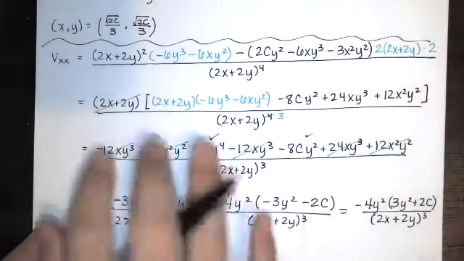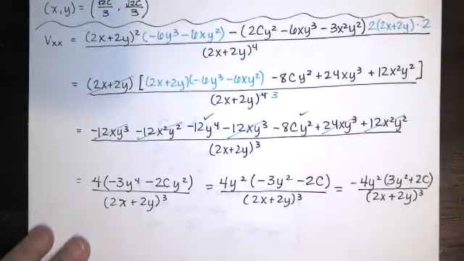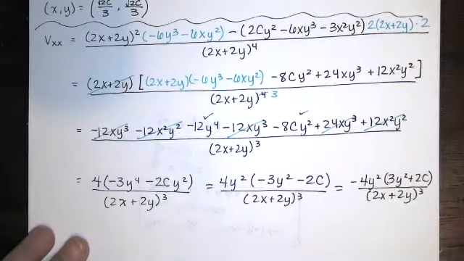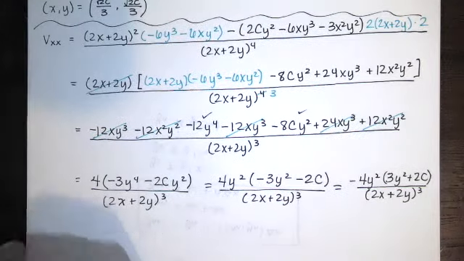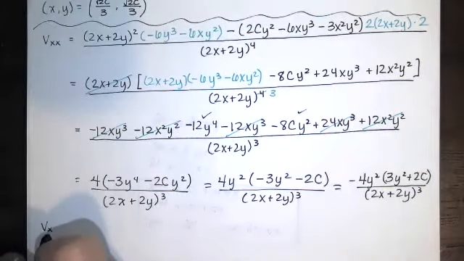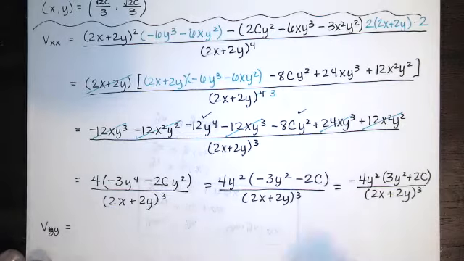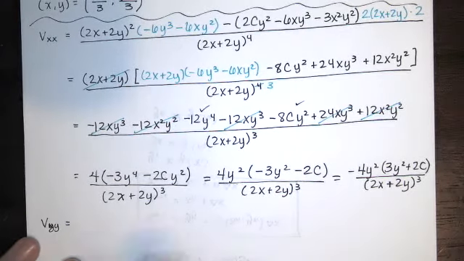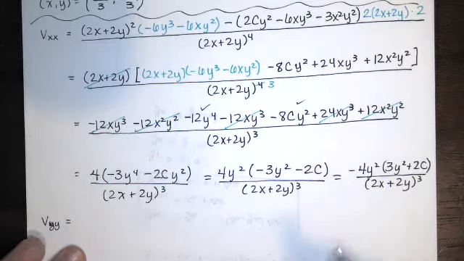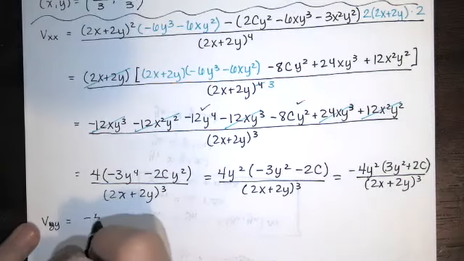Okay, so that's the partial of v with respect to x twice, or the second partial of v with respect to x. Now, I talked about symmetry before. Since that function v of x and y was symmetric with respect to x and y, meaning that I could switch x and y and I got exactly the same function, the second partial of v with respect to y is going to look just like this, except everywhere I see a y, I'll replace it with an x.